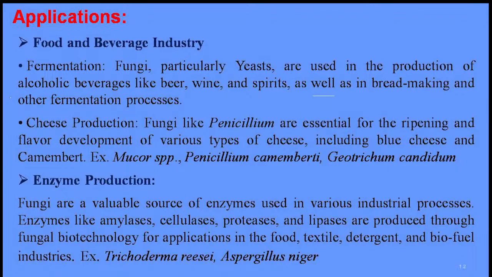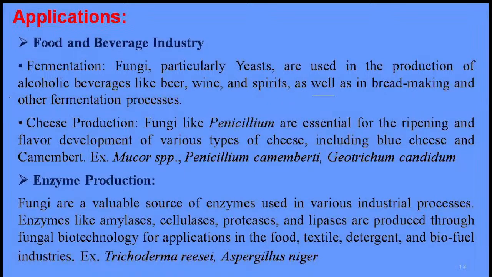Then fungi can be useful for enzyme production also. So fungi are a valuable source of enzymes used in various industrial processes. Enzymes like amylases, cellulases, proteases and lipases are produced through fungal biotechnology for application in food, textile, detergents and biofuel industries.